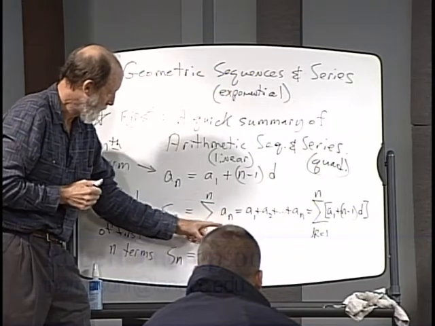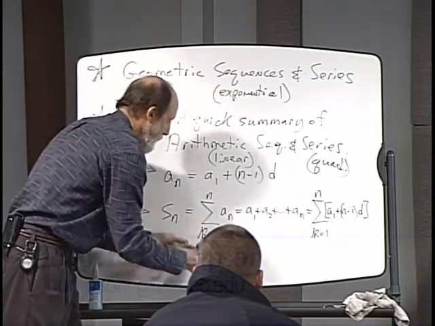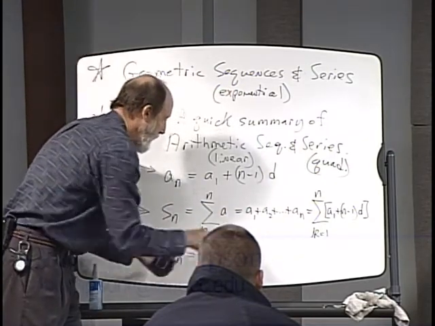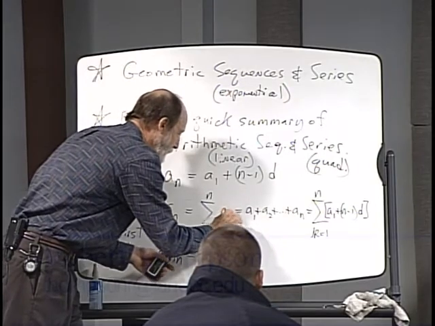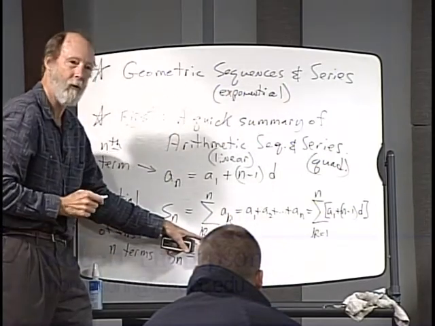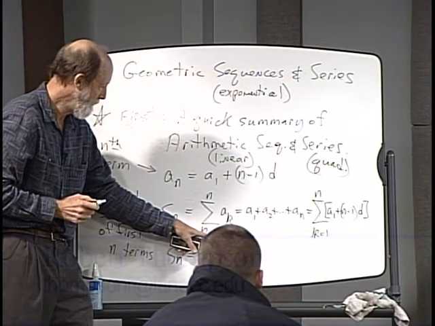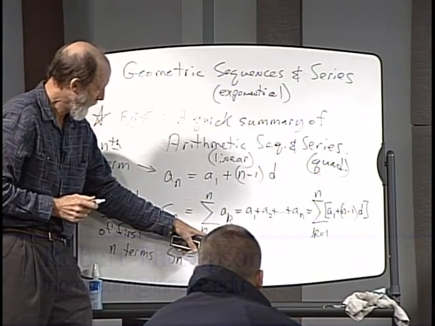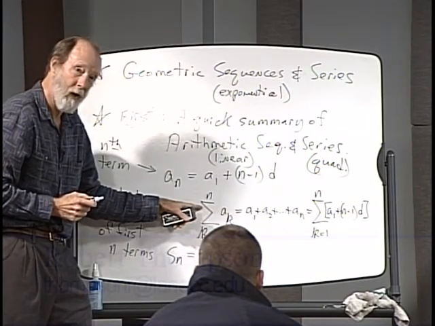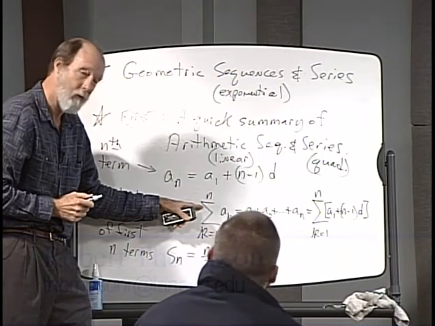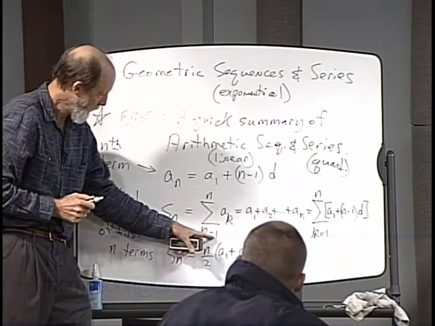I made a little mistake here: this should be a subscript k, because it's our index, our counter. The sigma character means add terms together, starting with k equal to 1.